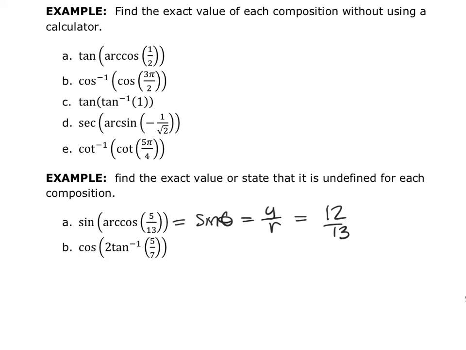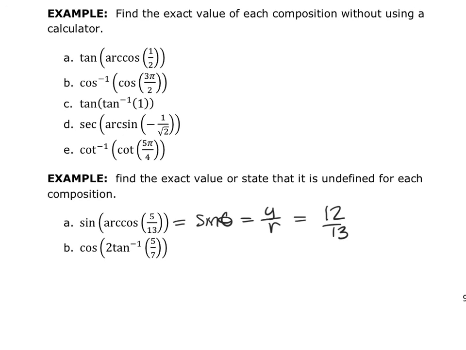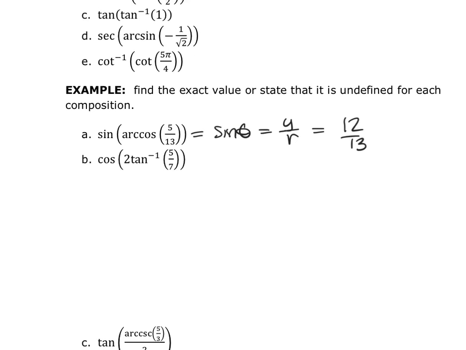I'll give you a moment to try B. So the question is, what do you do with the 2? So this is the cosine of 2 theta. All right, so if I'm asked to find 2 times the tangent inverse, it's just 2 times my angle.